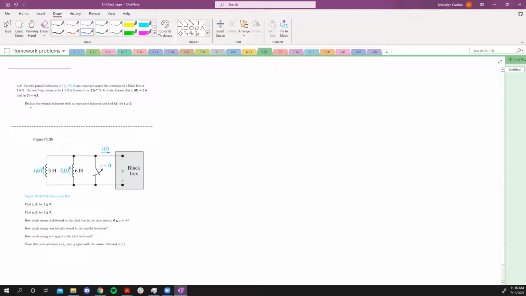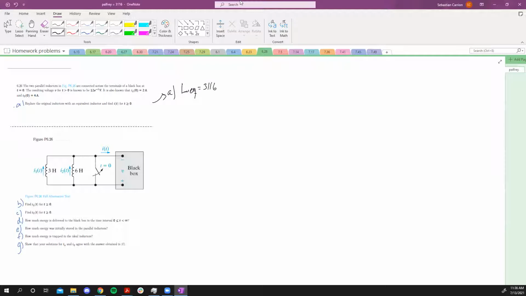So for the first question, I'm going to label these as A, B, C, D, E, F, G. For A, we can just say L equivalent is going to be equal to 3 in parallel with 6.